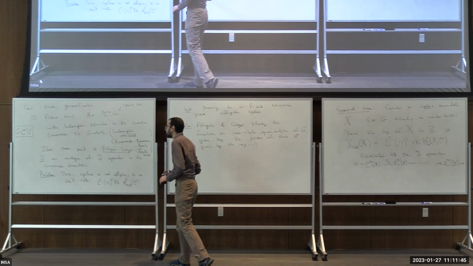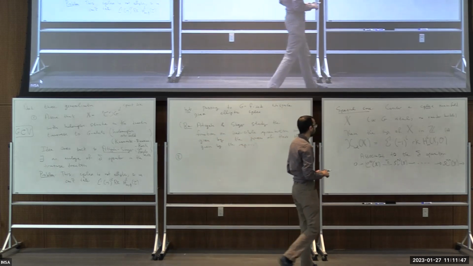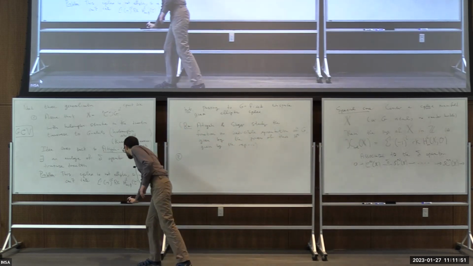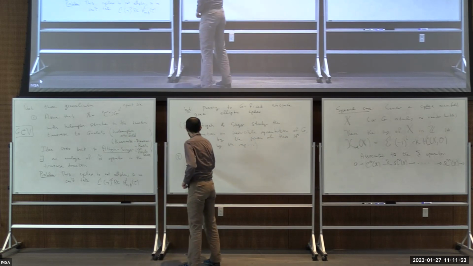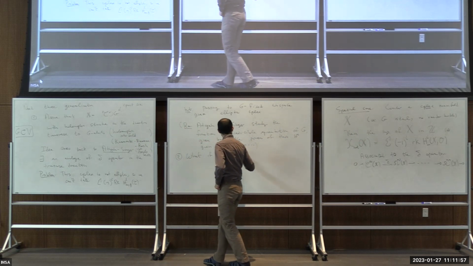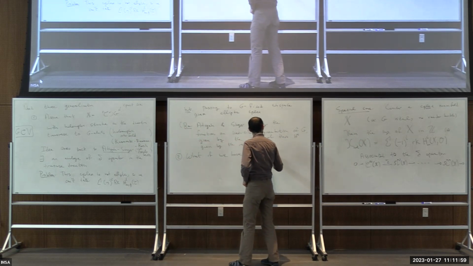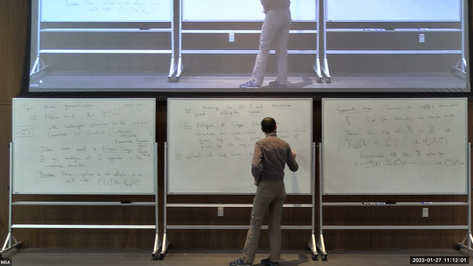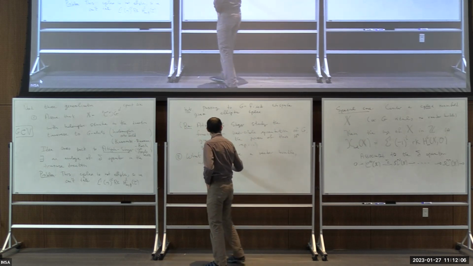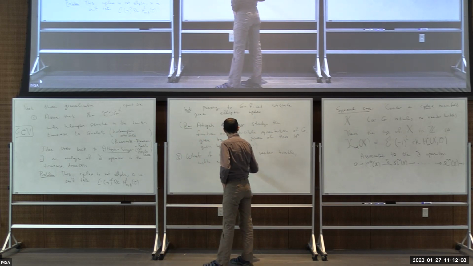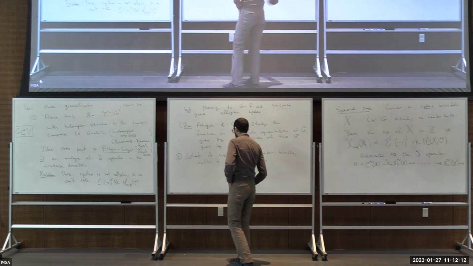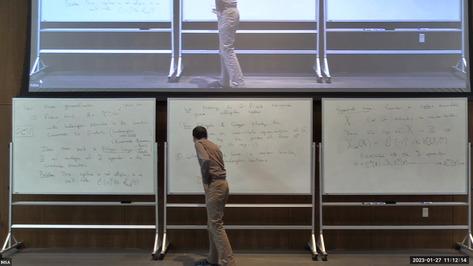So part two is what to do if instead of a G you have a vector bundle with a holomorphic section. My picture now is that there's no G because I don't want to talk about it.